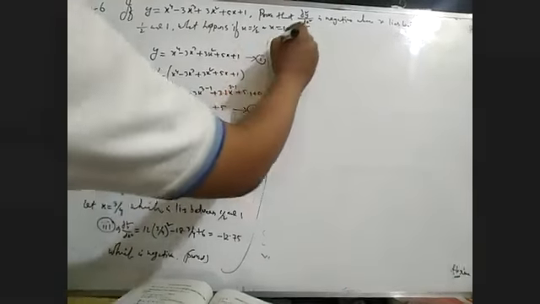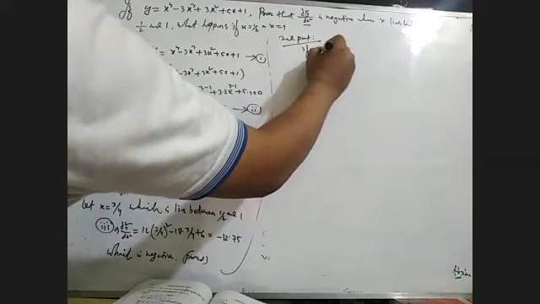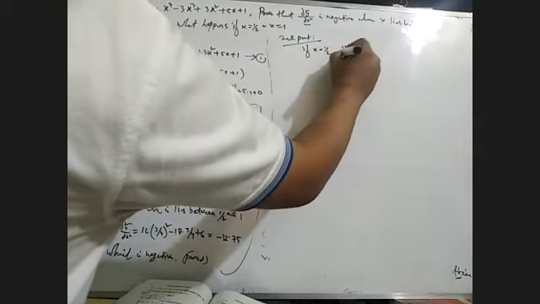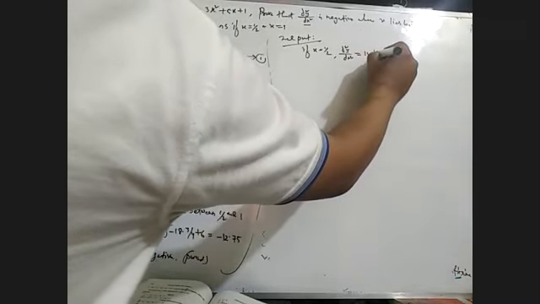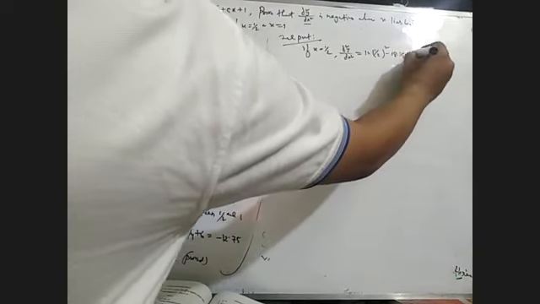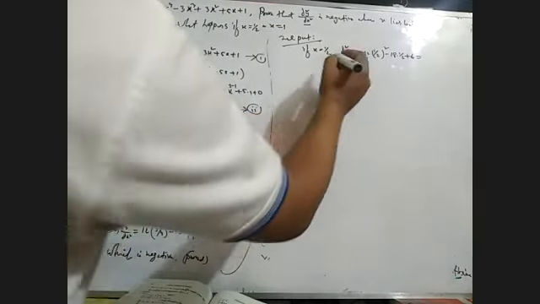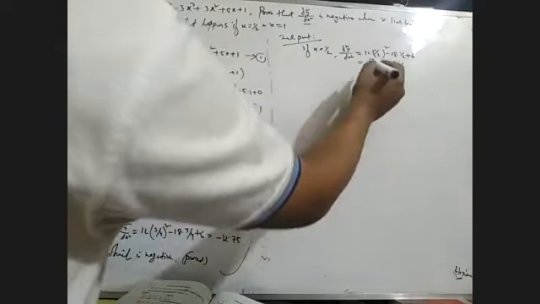Now for the second part, if x equals half, the value of the second derivative, d square y dx square, equals what? 12 into half whole square minus 18 into half plus 6, equals 12 by 4 minus 9 plus 6, equals 3 minus 9 plus 6.